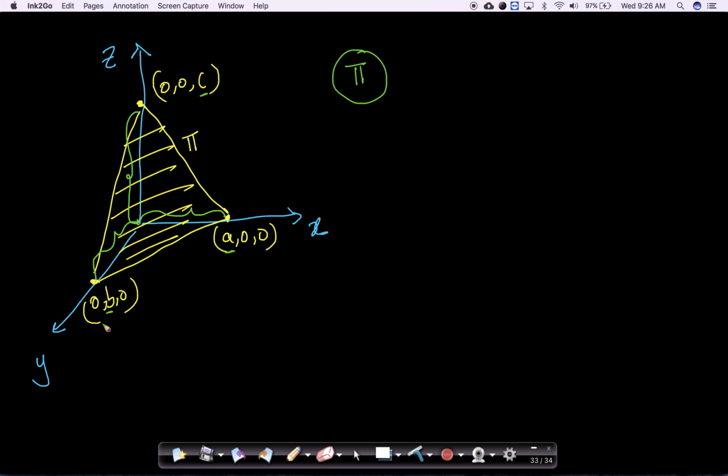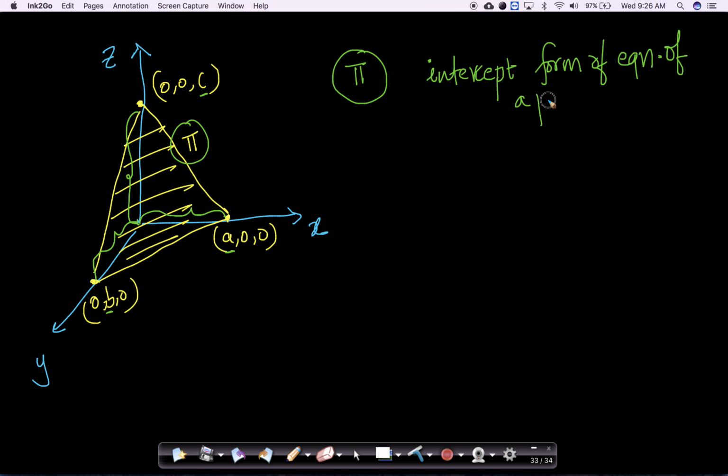Given these three data points, we can compute the equation of the plane. This is called the intercept form of the equation of a plane. You might have learned this in your 12th grade or in your undergrad first year when you learned coordinate geometry. The proof of this is very straightforward. You can figure it out using some simple vector operations.